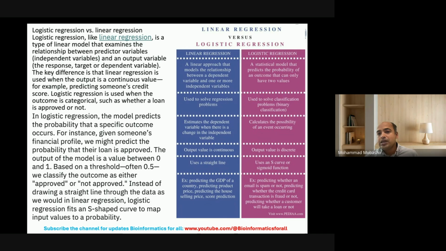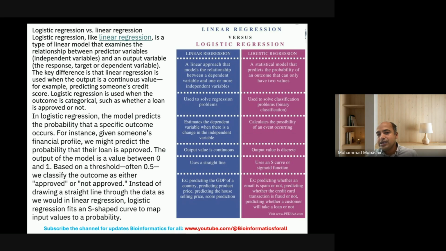Regarding estimation, linear regression estimates the dependent variable where there is a change in the independent variable. But logistic regression is different: it calculates the possibility of an event occurring. Again, linear regression output is continuous, while in logistic it is discrete, that is 0, 1, or -1.